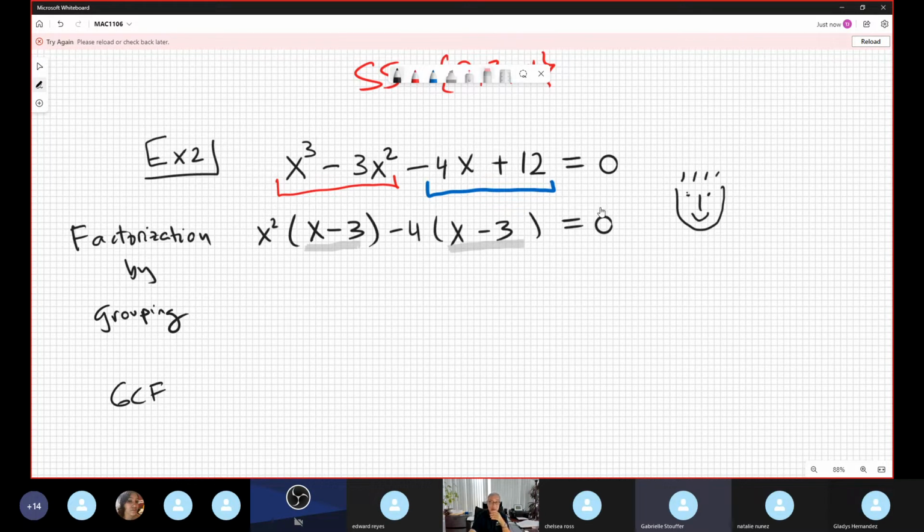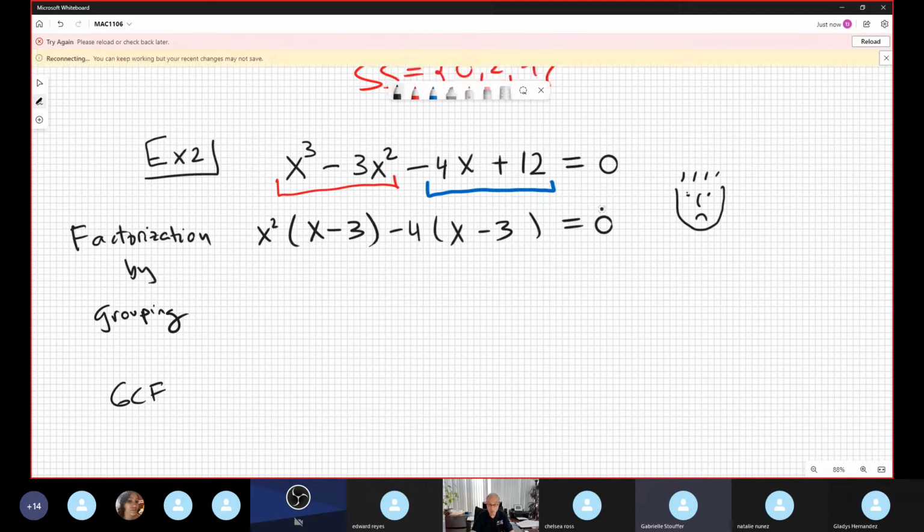Then I'm sad, I change my face, and I need to select in another order. Okay, maybe the second and the third, but in this case, no. This case worked perfectly.